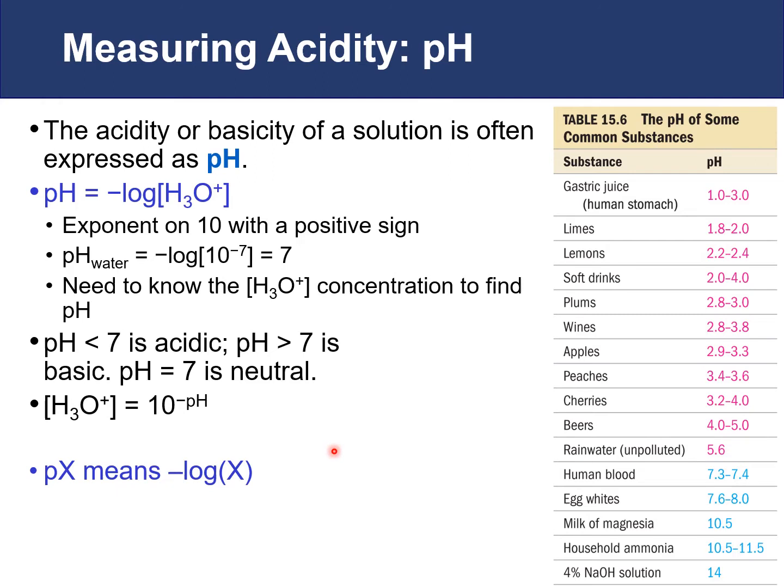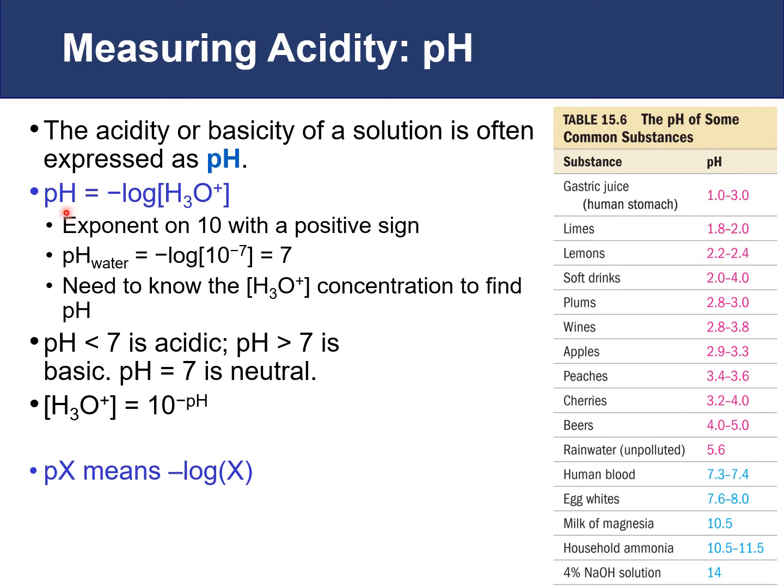When we're talking about acidity or basicity, it's often expressed in terms of pH. The P in pH essentially is telling us that we're taking the negative log of whatever follows the P. So pX means taking the negative log of X. If we're looking at pH, it's the negative log of the H concentration, or in this case, H3O+.